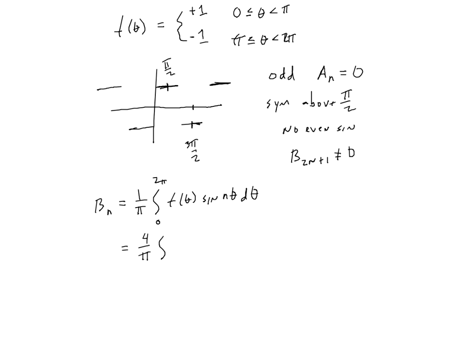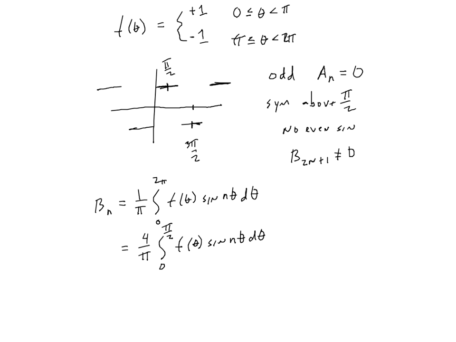So we say 4 over pi times the integral from 0 to pi over 2 of f of theta sine of n theta d theta. In other words, if we know something is symmetric about a certain point, all we have to do is integrate up to that point of which it's symmetric about. And in this case, that's simply pi over 2.